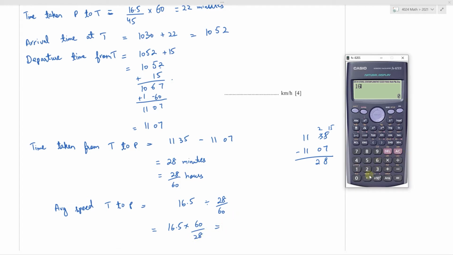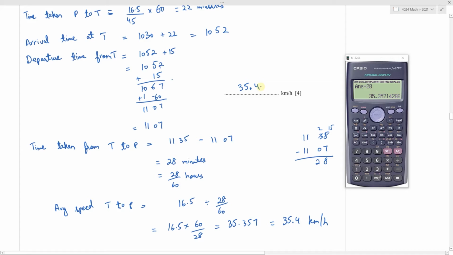So 16.5 multiplied by 60 and then divided by 28. So this is 35.357, which equals 35.4 kilometers per hour in three significant figures. So the average speed from T to P is 35.4 kilometers per hour.